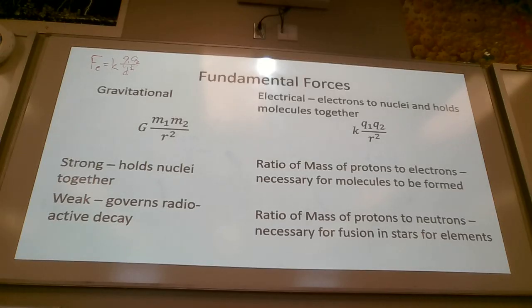Okay, strong force. This happens only at really small distances, like the radius of the nucleus of an atom. But there's a lot of potential energy associated with that force, and that's where we get atomic bombs from.